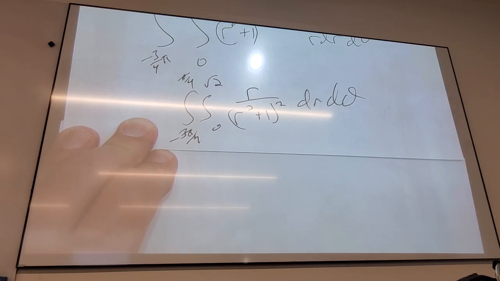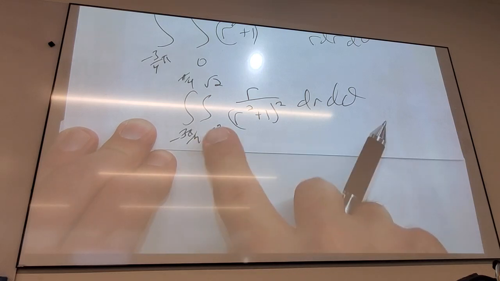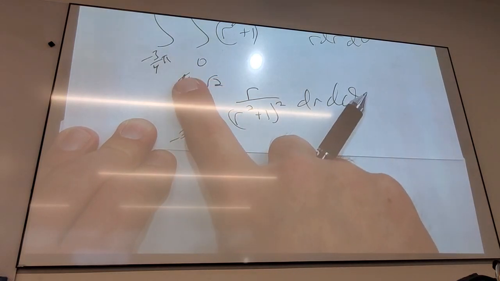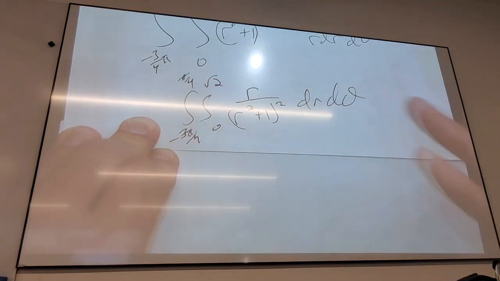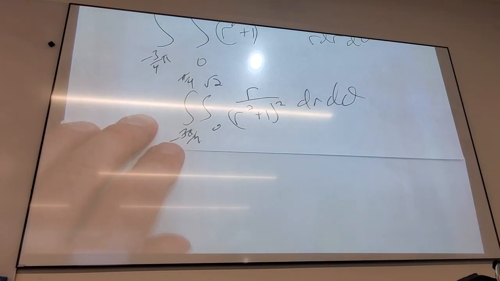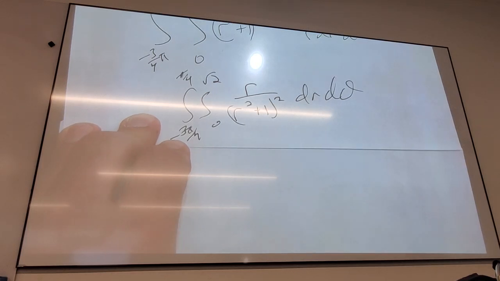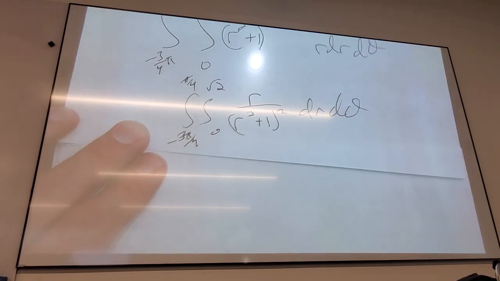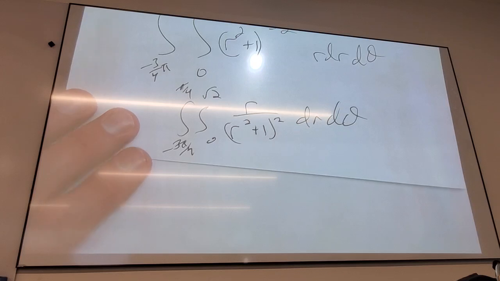I could switch the limits. Will these always be just constants here? No. In that case, that's where that question would come into play. Then you have a relationship between r and theta. Like before we had a relationship between x and y. Then I could try to consider how to convert those, but you don't want to. Okay.